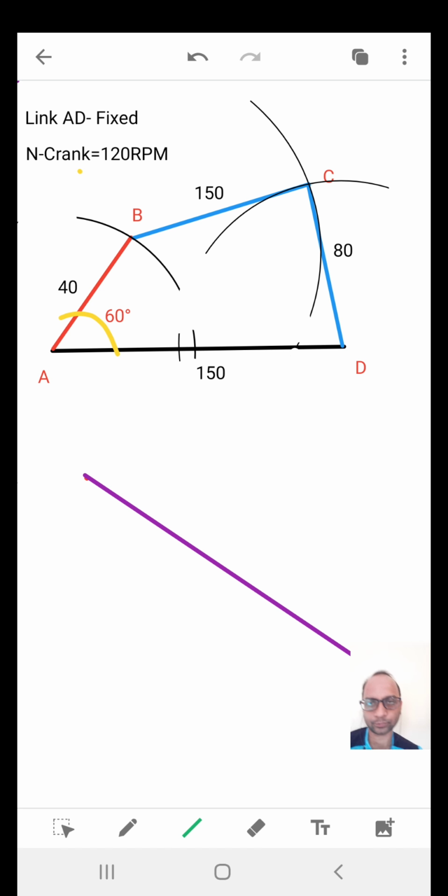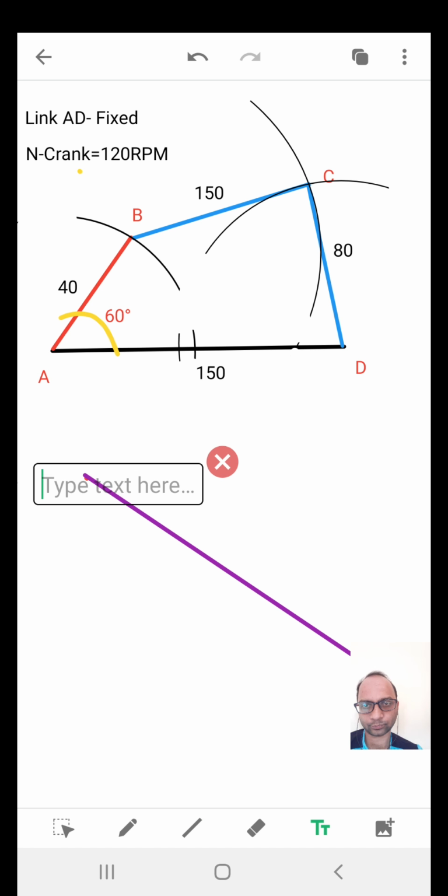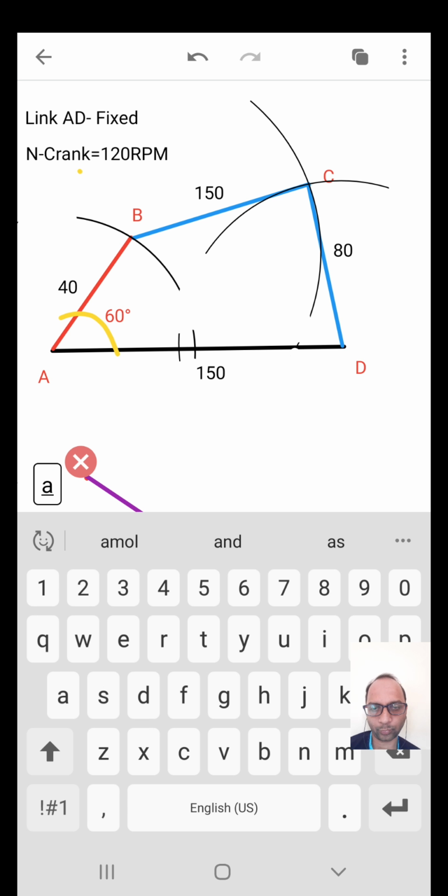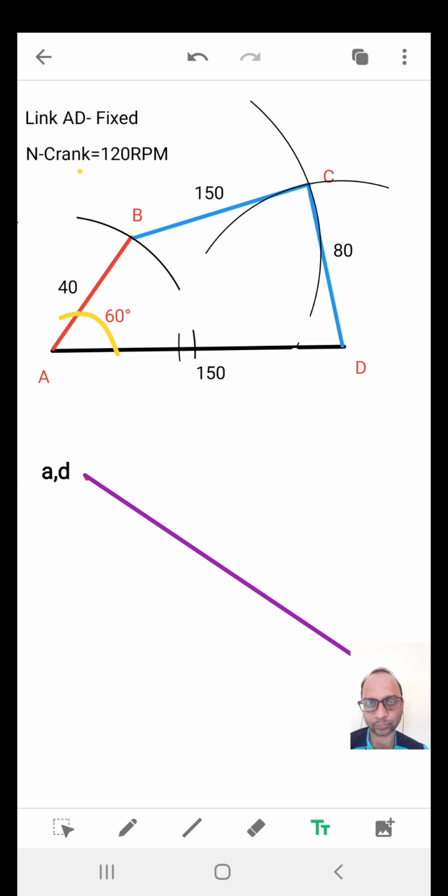Then small a comma small d. This is the AD point, a comma d. Why do I take a comma d as a single point? Because link AD is a fixed link.